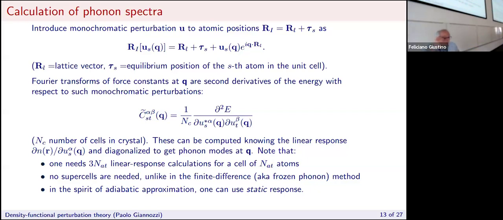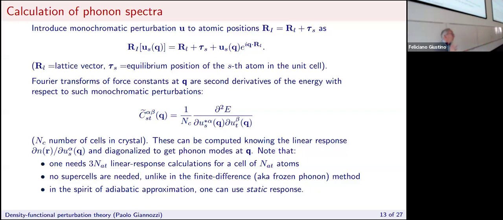Also, something that has to be mentioned here is that given that the phonon frequencies are typically much smaller than the electronic frequencies, the frequencies that are relevant for the electronic motion, one can apply the adiabatic approximation.